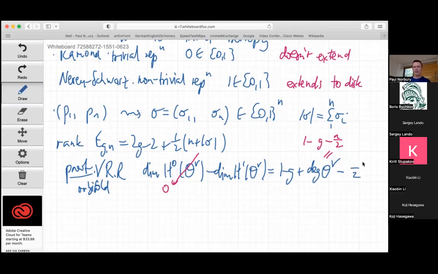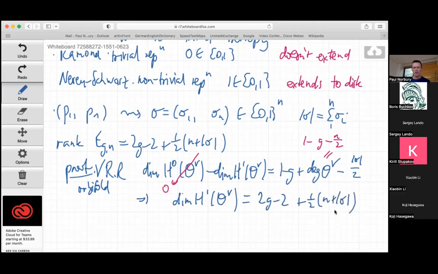Every time we get a Neveu-Schwarz point, it adjusts. And so therefore, we get that the dimension of H1 of theta dual is equal to 2g minus 2 plus a half (n plus sigma). And so the reference here is me, and it's a new cohomology class.